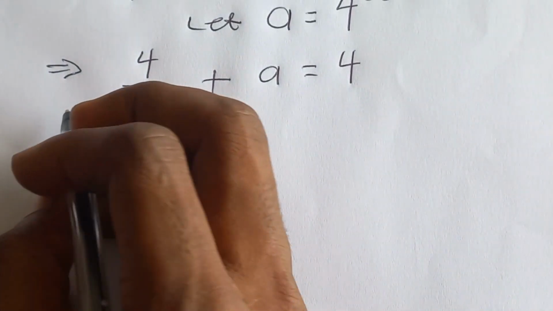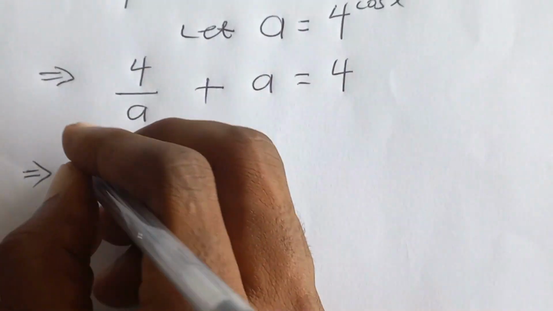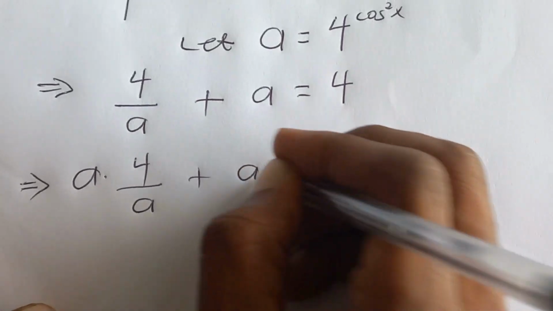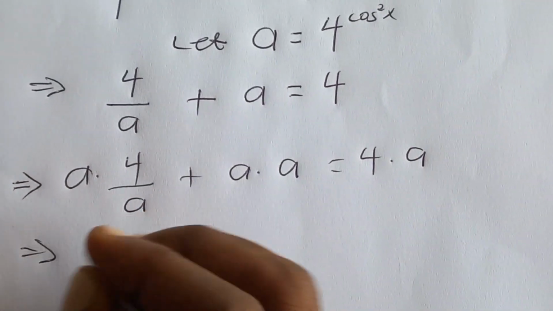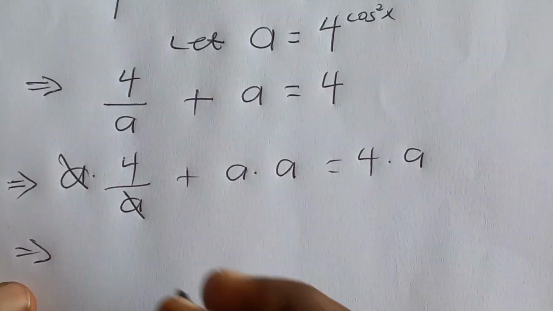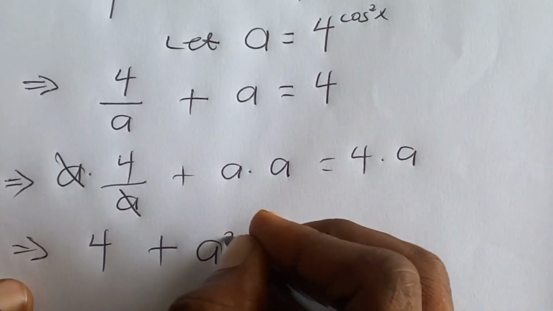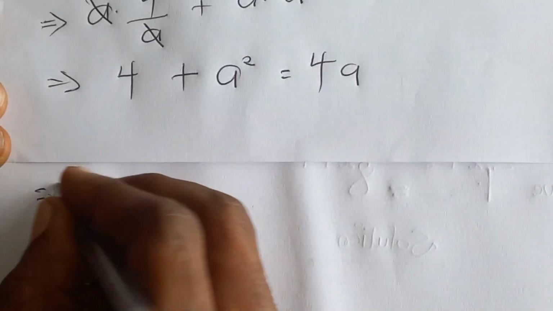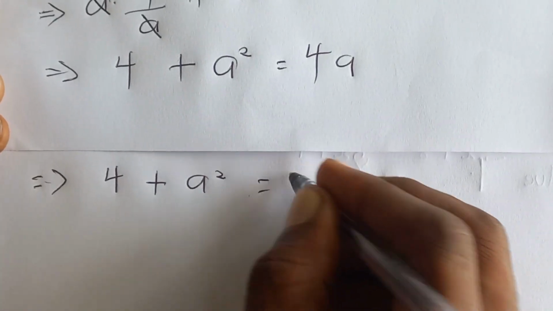When you multiply through by a, we get a multiplied by 4 on a plus a times a, which is equal to 4 times a. So this one will cancel this, so 4 plus a times a is a squared, which is equal to 4a. So 4 plus a squared is equal to 4a.